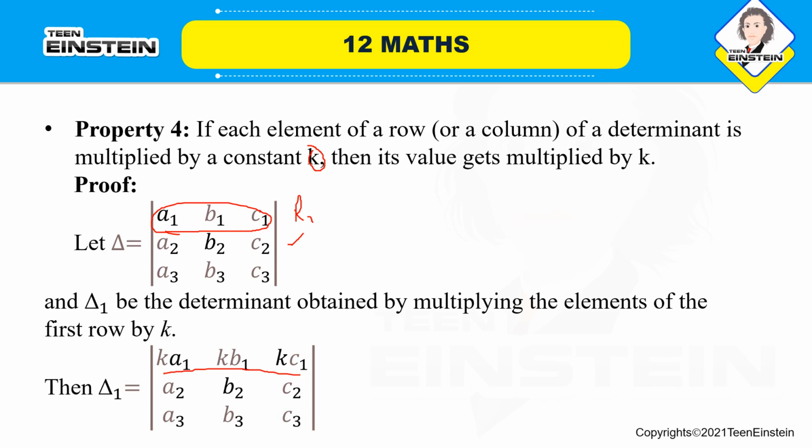Write the next two rows as it is, since we have multiplied each element of the first row by a constant k. Here k is a non-zero scalar. So this is your new determinant delta 1. Now we have to find the value of delta 1 and check whether it is multiplied by k.